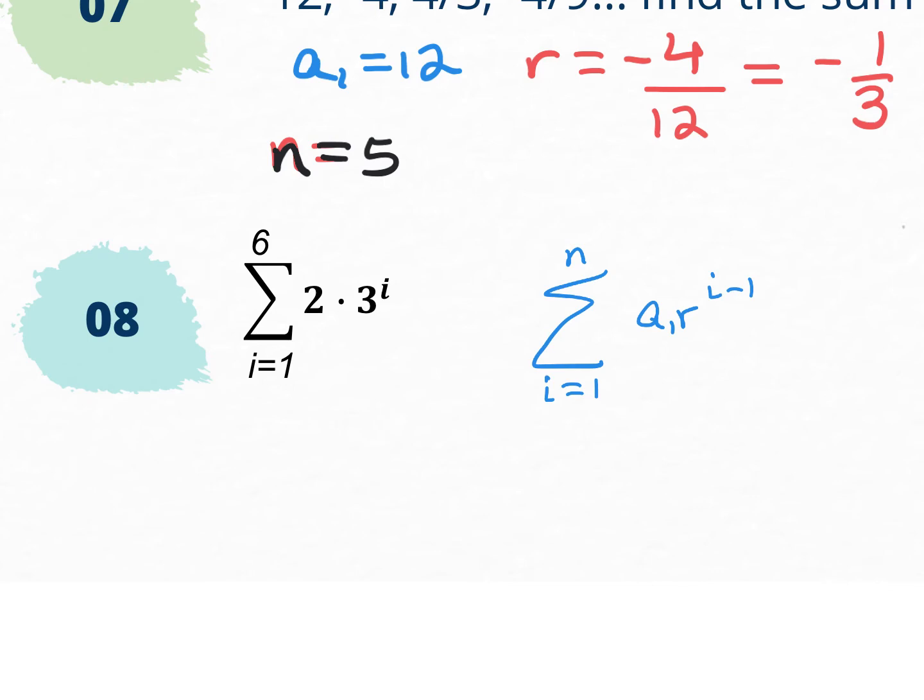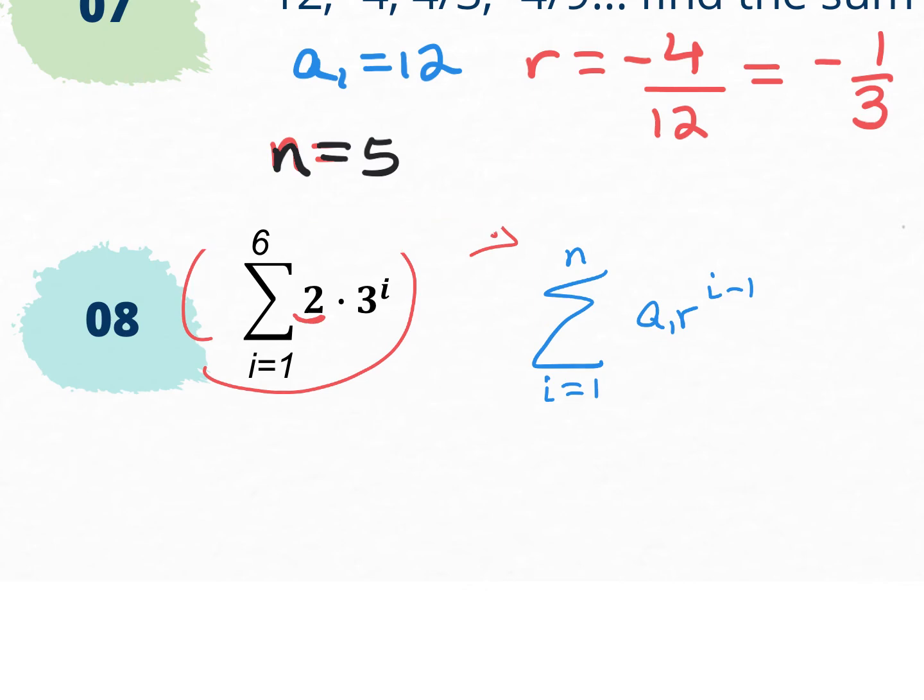So for this one, normally this number that's right here is the first term, but it's only the first term when your summation notation looks like this. Notice the power on my common ratio is i. It's not i minus 1.